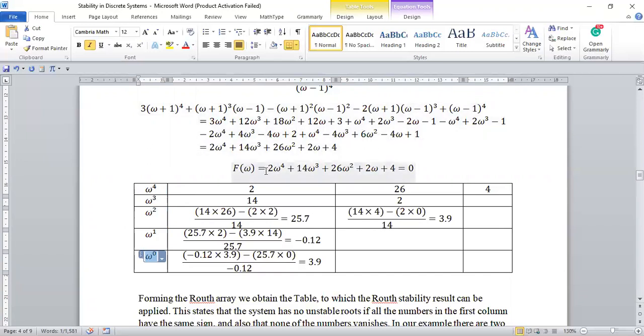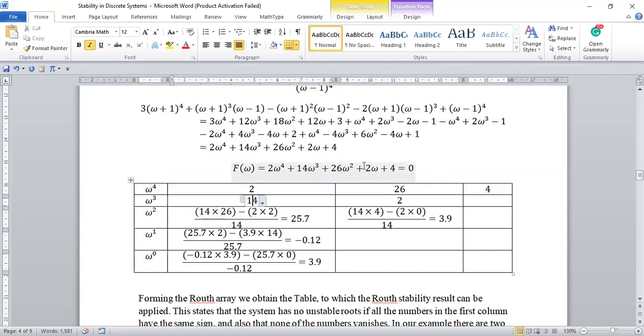Then you're going to put the alternating coefficients of the omegas. So this 2 comes from here. Then you skip this, then you write 26, then you skip this, then you write 4. Then for the next row, you're going to write 14 here.